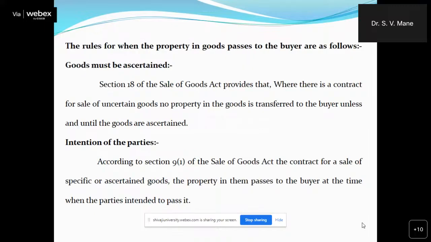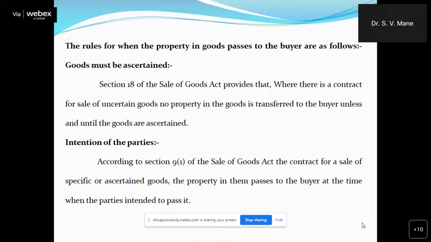The rules for when the property in goods passes to the buyer are as follows. The first one is that goods must be ascertained. Section 18 of the Sale of Goods Act provides that where there is a contract for the sale of unascertained goods, no property in the goods is transferred to the buyer unless and until the goods are ascertained.